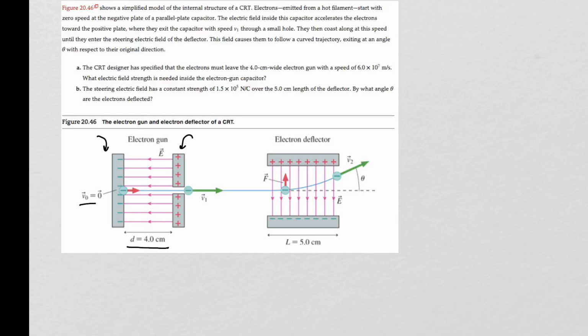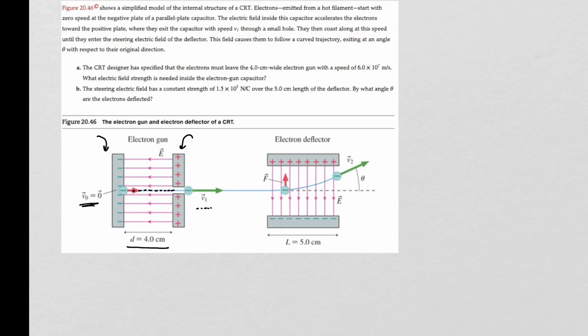So they started with an initial velocity of 0. They are attracted to the positive plate because opposite charges attract, and they would end up outside of this plate after being fired through a hole with some final velocity.